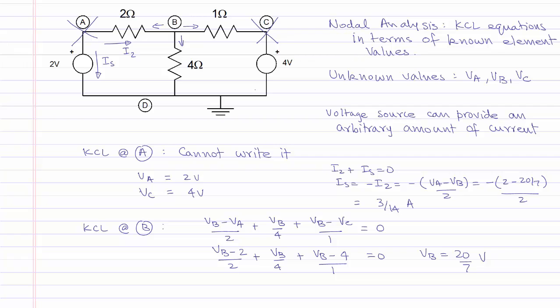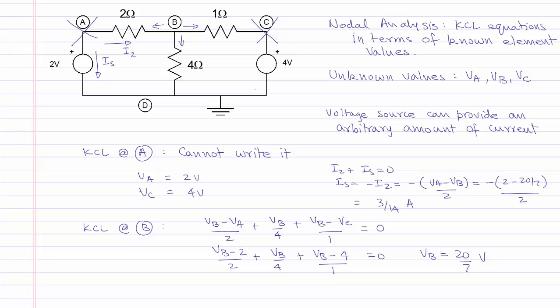To summarize, grounded voltage sources require special processing in nodal analysis. Since one end of the voltage source is connected to the reference node, we know the voltage at the other end, and we know one of the nodal voltages because of this voltage source. We do not write KCL equations at the node connected to a grounded voltage source because of two reasons.